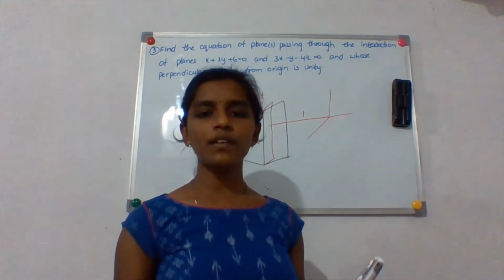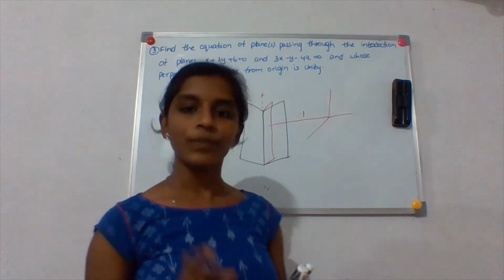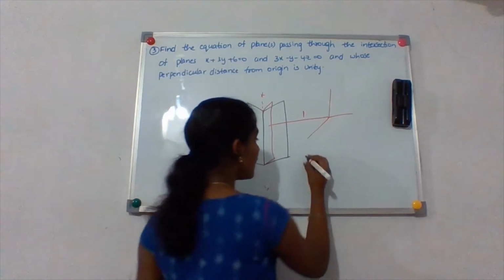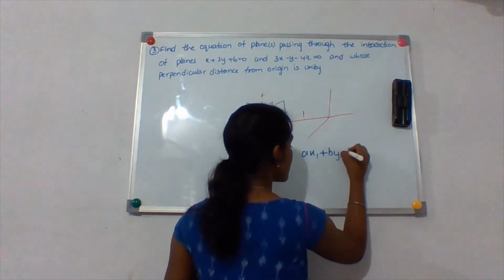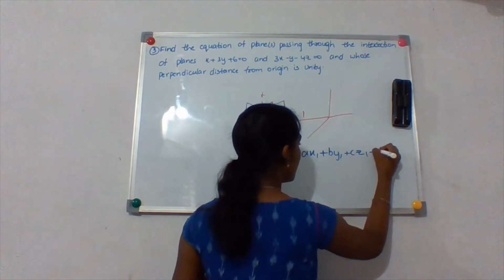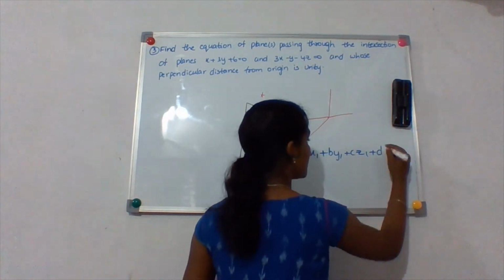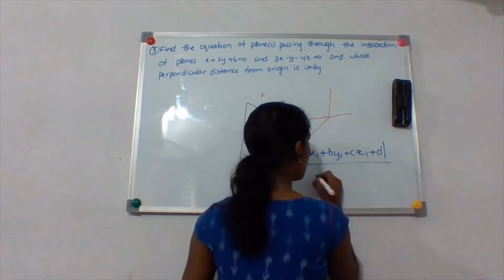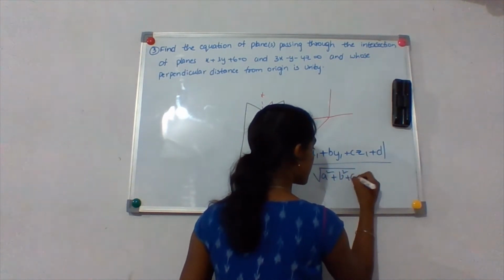That is mod of ax1 plus by1 plus cz1 plus d, divided by root of a square plus b square plus c square.